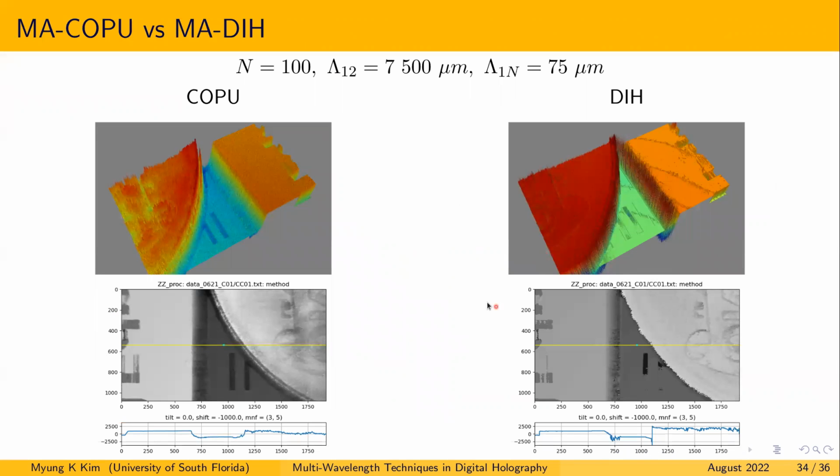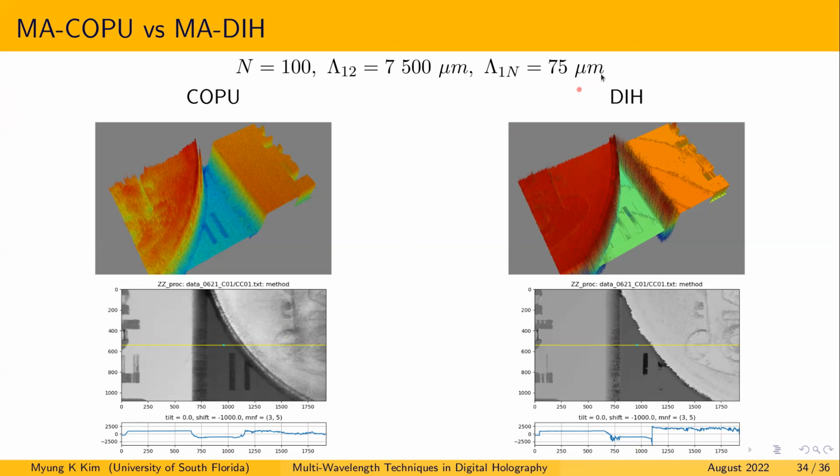So here I have processed the same data set for cumulative OPU and digital interference holography with n equals to 100 and synthetic wavelength ranging from 7,500 micron to 75 micron. They yield similar results, as you can see in these profiles, but one may be more appropriate over the other depending on applications.